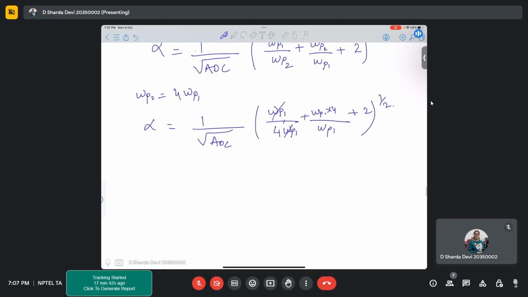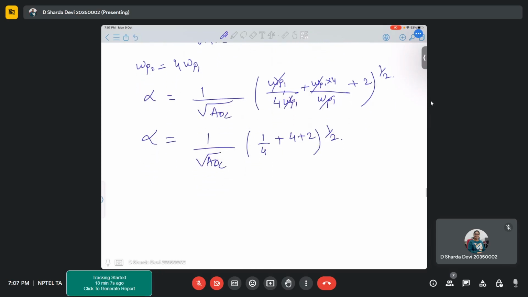So this cancels, this cancels. So alpha is 1 by root ADC, 1 upon 4 plus 4 plus 2, to the power 1 by 2.